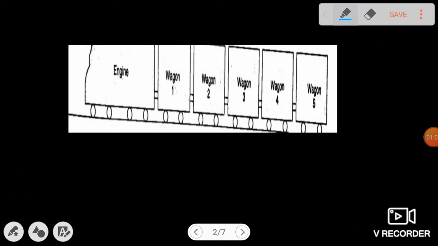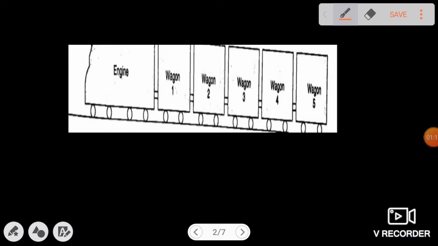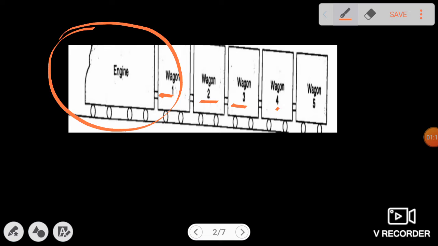So the diagram looks like this. You can see here, these are the wagons, right? So here this is the engine, first wagon, second wagon, third, fourth and fifth.